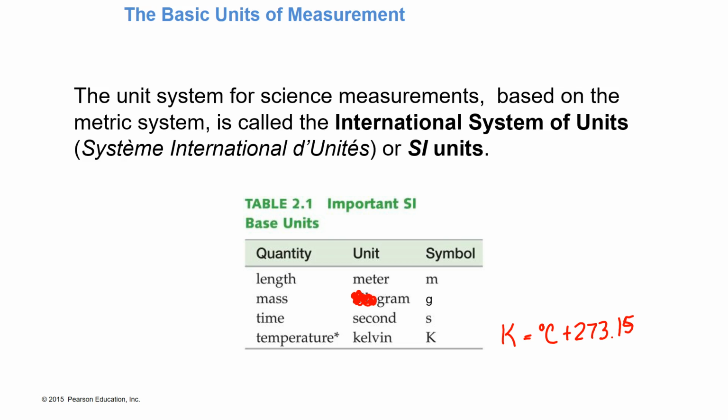All right, but those are the 4 base units that I really want you to know. Just know that mass can either be gram or kilogram. In this class, most of the time we'll be using grams. I like to keep them all to a non-multiplied unit.